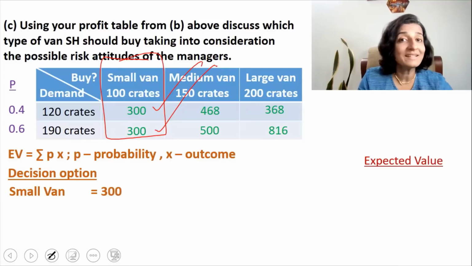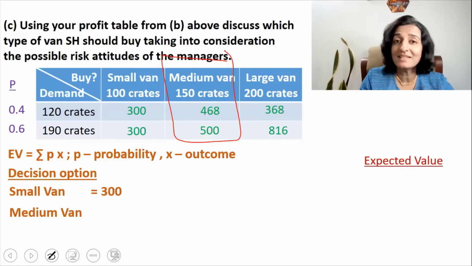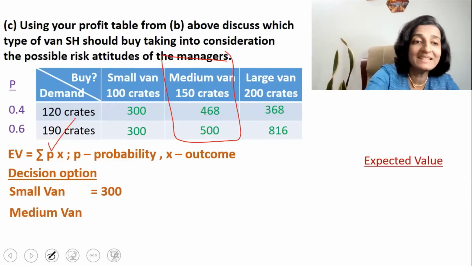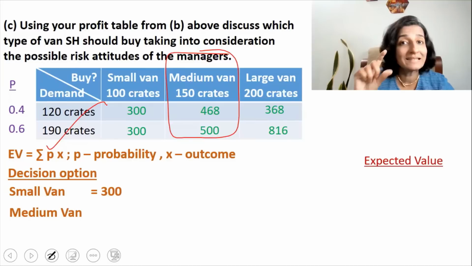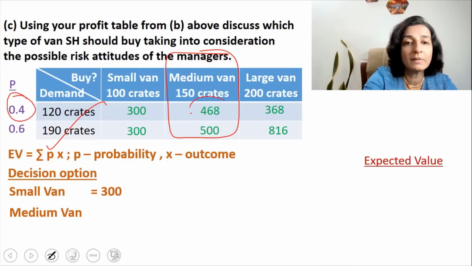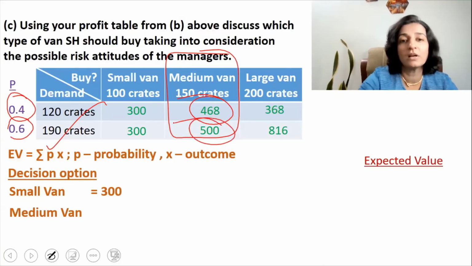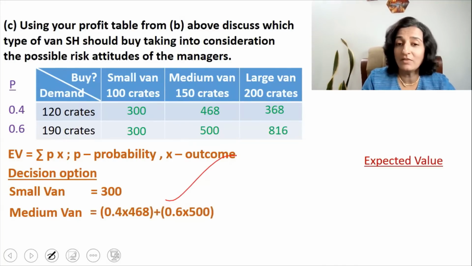Now coming to the next decision option of buying the medium van. So the formula is sigma px, or probability multiplied by outcome. Since it is sigma, we have to add. So probability is 0.4 multiplied by outcome of 468 plus probability of 0.6 multiplied by the outcome of $500. So EV is $487.